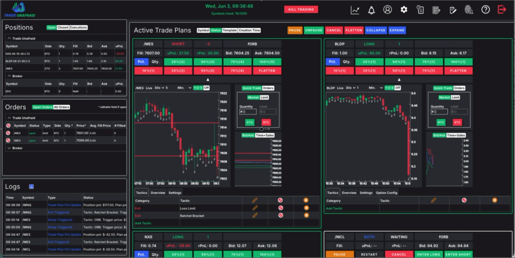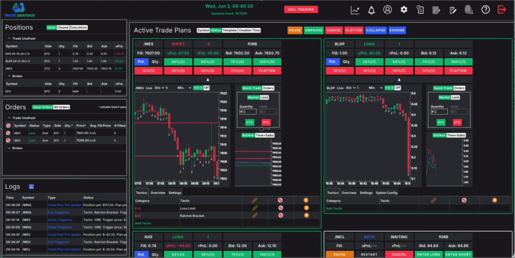And each time it hits a target, the stop moves down. So you can see it comes close to stopping out there. All right, so it's starting to move down again. I'm going to let this play out at normal speed. So here's our third target.